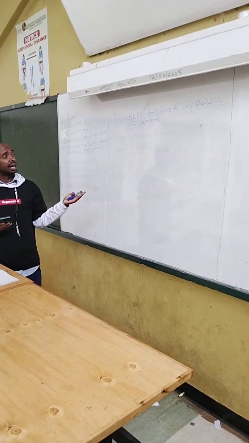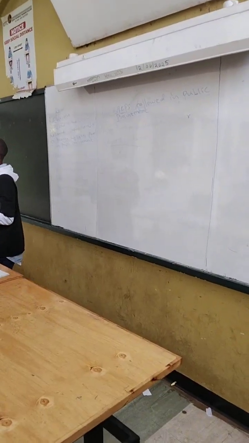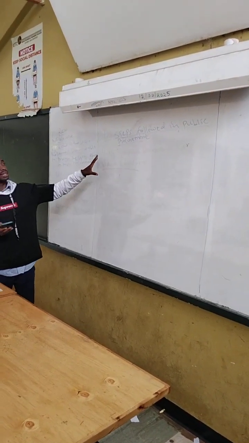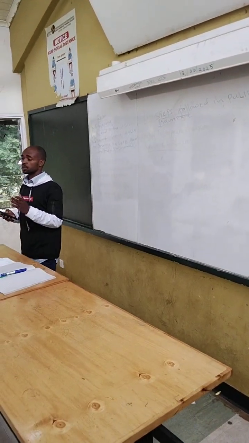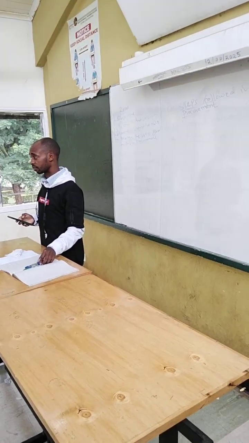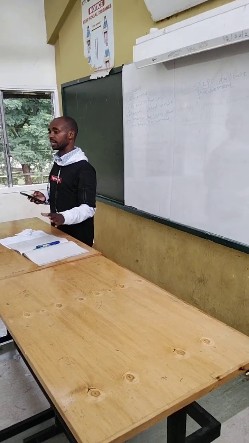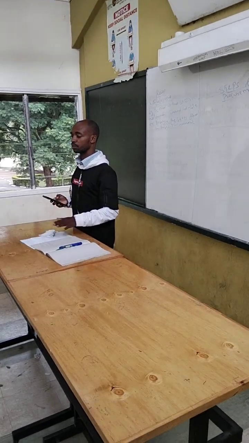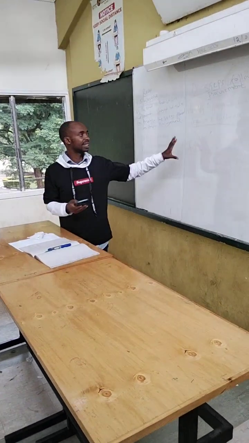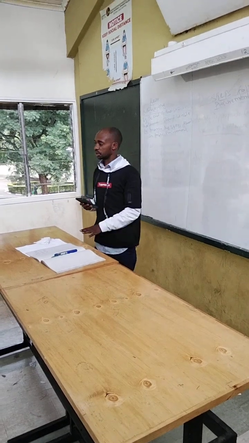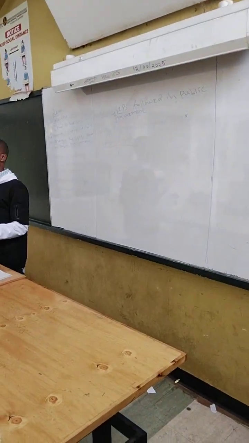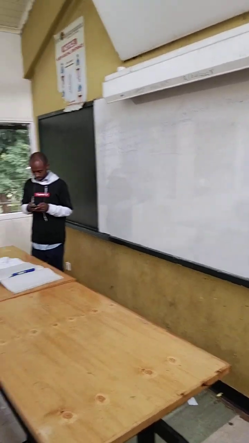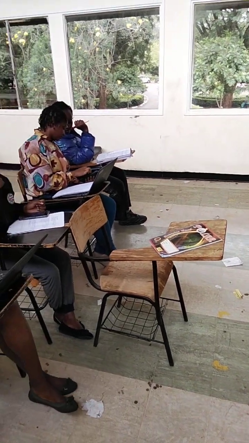So I want you to use 1 minute, think over the steps. You share it with your friend. In the next 2 minutes, I expect each and every one of you to give me the feedback as I write them on the board. So you have 2 minutes.